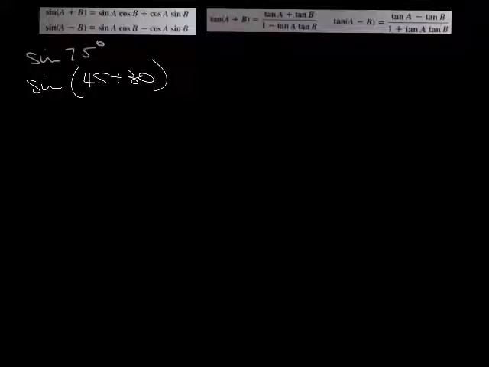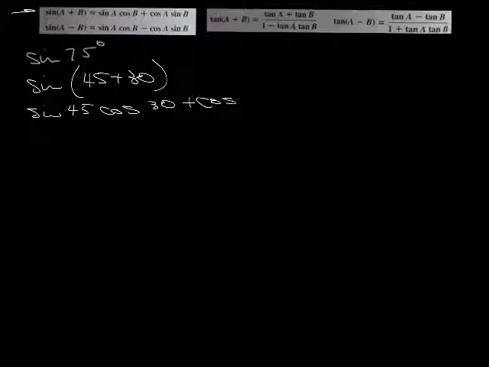Then we go to our plus part right here and rewrite this as the sine of the first one, cosine of the second one, plus cosine of the first one, sine of the second one. Probably my biggest mistake is I get the first and the second one mixed up. So I think I've got everything right there.